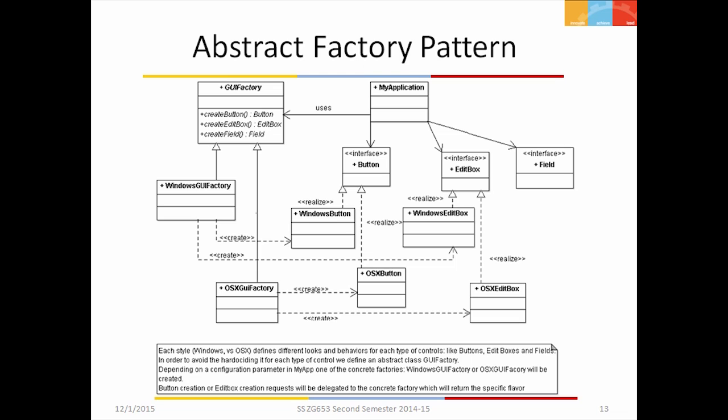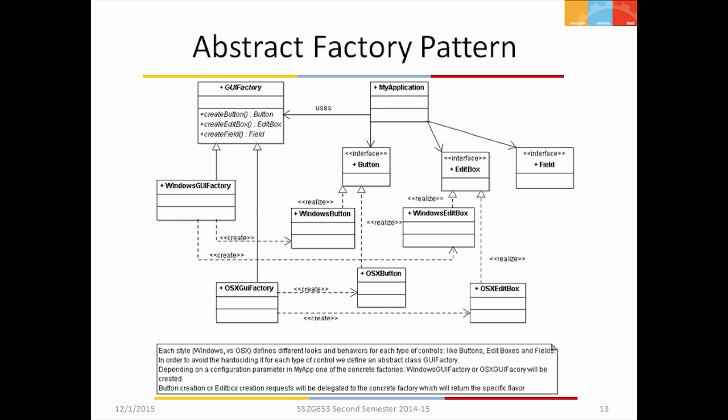In my application, suppose I want my application to run on both Windows as well as OS X. Now I can choose the OS and then run my program, and depending on that configuration parameter, my app possibly chooses one of the concrete factories, either a Windows GUI Factory or an OS X GUI Factory.